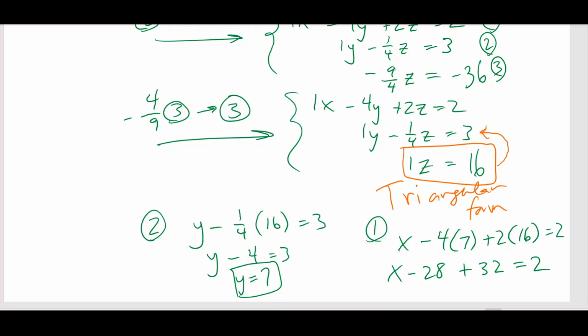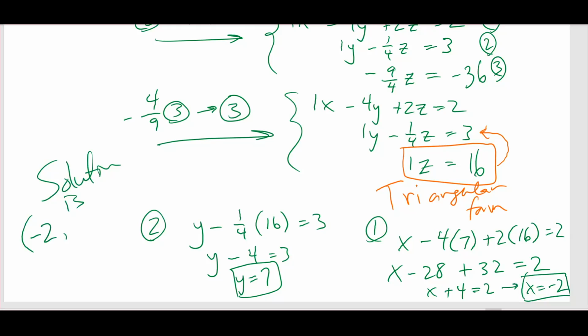So adding these guys together, we got x plus 4 equals 2. So that tells us that x is -2. That's wonderful, right? Because now we have the values of all of these variables. And we can say that the solution to the whole system is the ordered triple, -2, 7, 16.